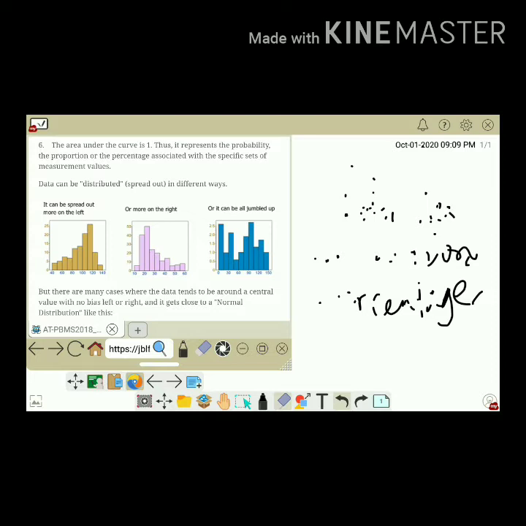There is what we call skewness: it can be skewed to the right, which means there are more data on the left, as you can see, and it can also be skewed to the left. There are also chances that your data can be jumbled up, meaning there is an irregular shape.